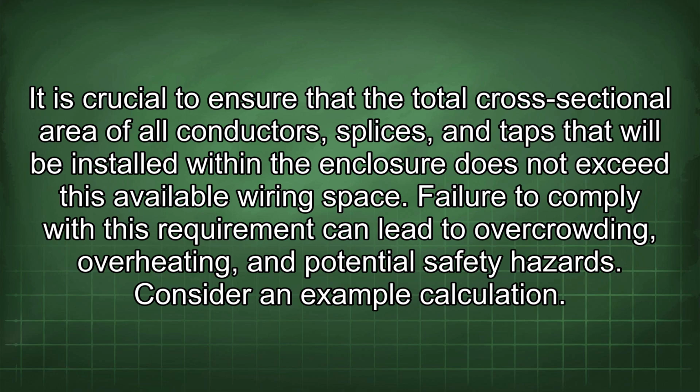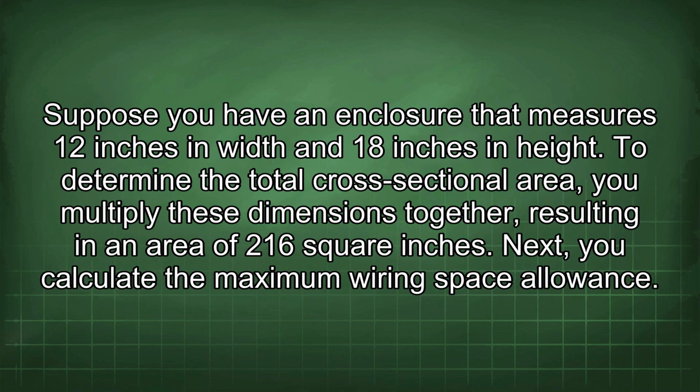Consider an example calculation. Suppose you have an enclosure that measures 12 inches in width and 18 inches in height. To determine the total cross-sectional area, you multiply these dimensions together, resulting in an area of 216 square inches. Next, you calculate the maximum wiring space allowance.